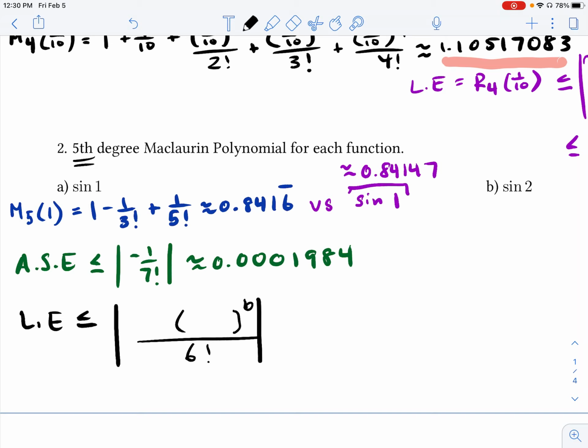Well, we're evaluating at 1, so x is equal to 1, and c is equal to 0 because it's a Maclaurin polynomial. So I'm just going to write 1 inside the parentheses.